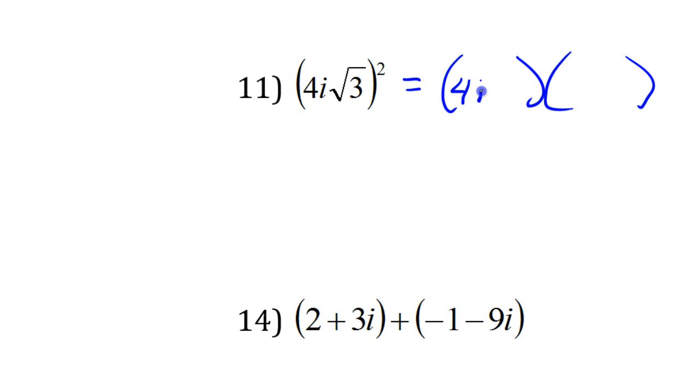So in other words, 4i radical 3 times 4i radical 3. Now, I'm not going to FOIL this or anything because this is not a binomial. I'm just going to multiply the terms that can be multiplied. So 4 times 4 is 16. i times i is i squared. And radical 3 times radical 3 is 3.